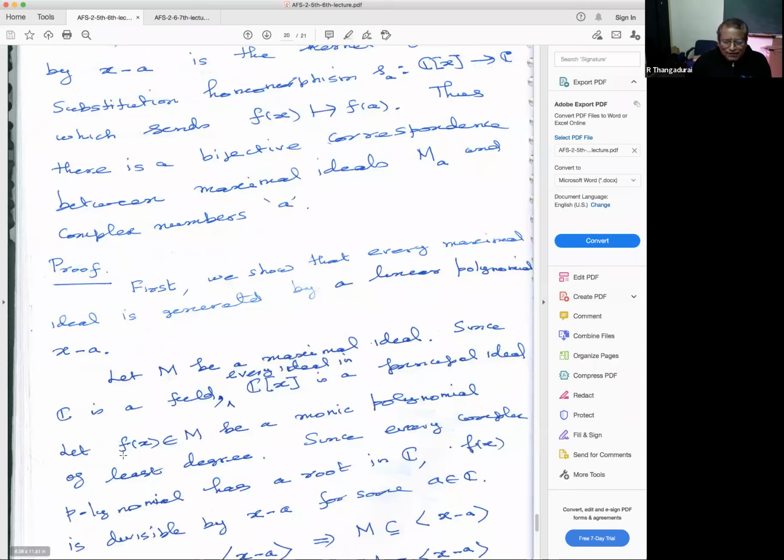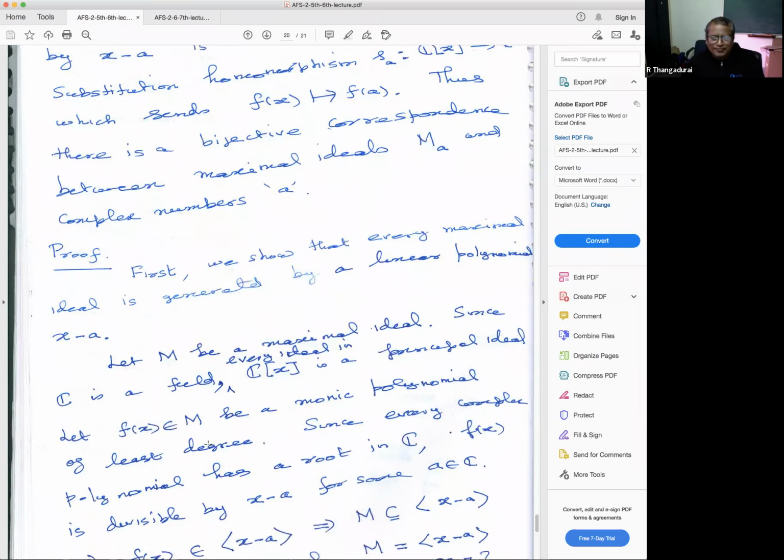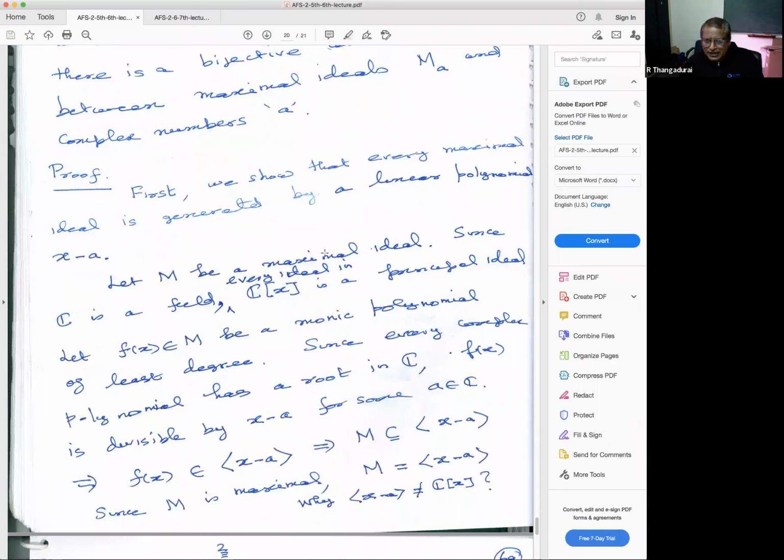So let f(x) be the monic polynomial of least degree in M, generating M. So M is a given maximal ideal, and there is a least degree polynomial inside M, which is monic, which generates the ideal M.